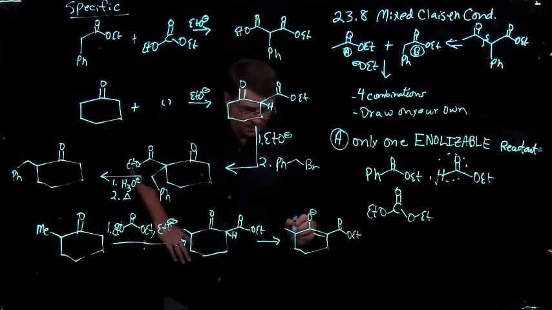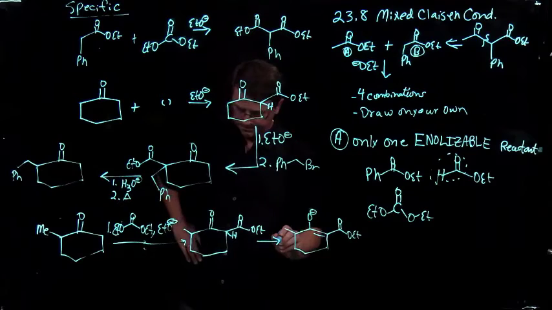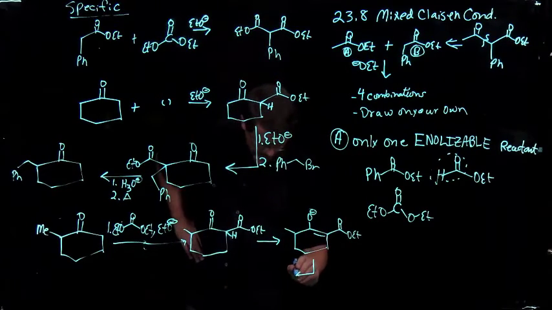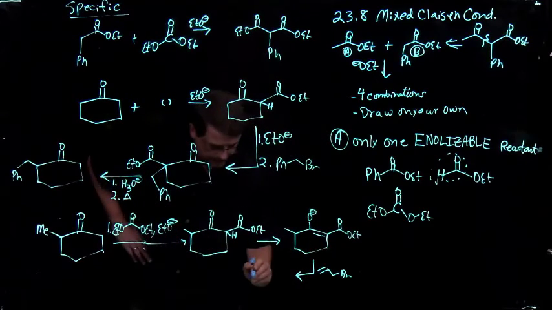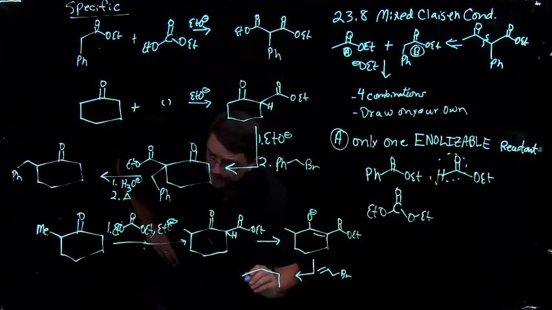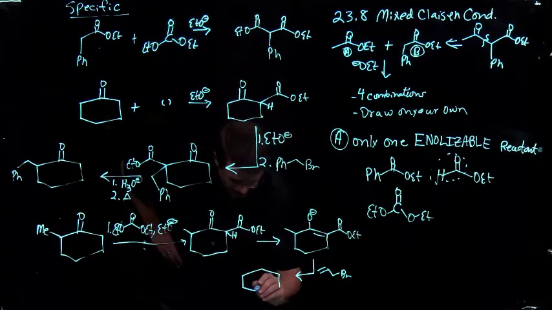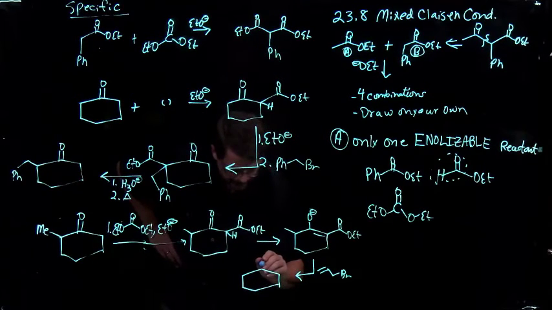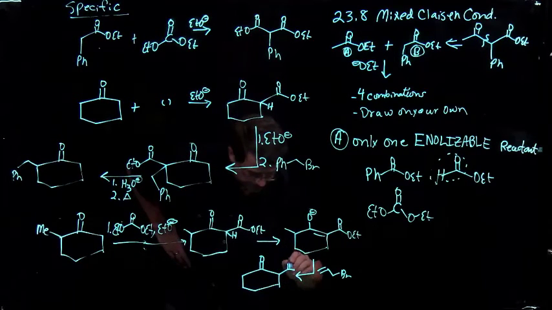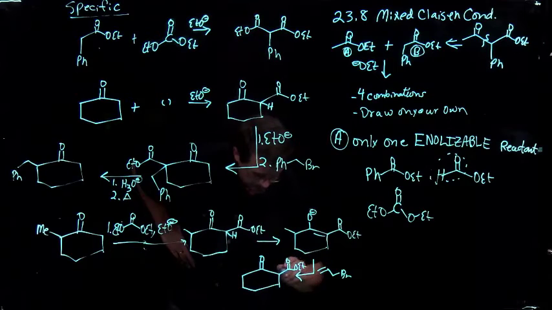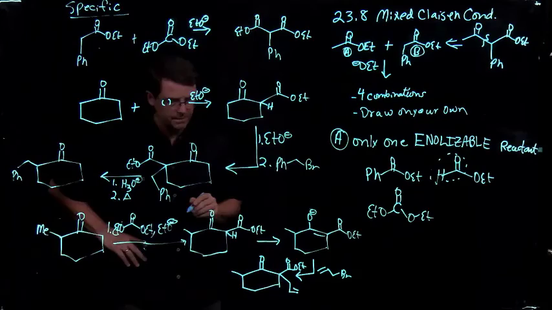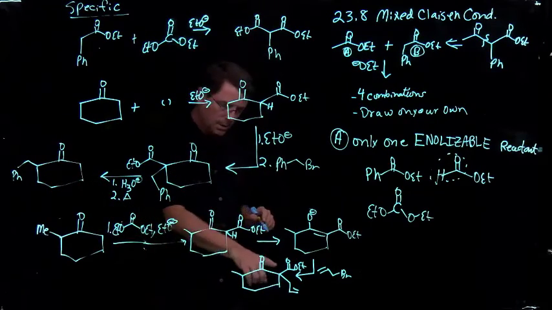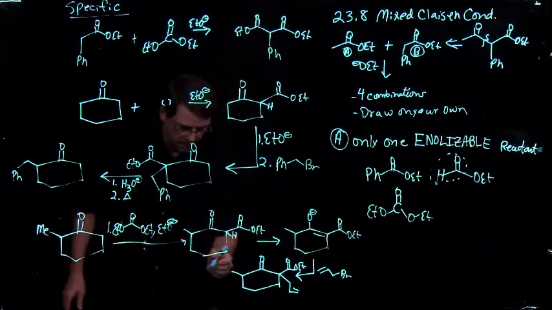Then we can come in with another electrophile, say allyl bromide, this gives us a controlled substitution only on the side where the carboxylate is.